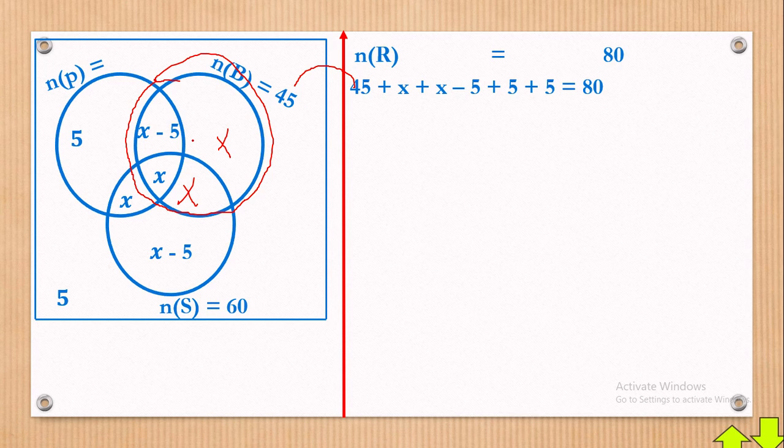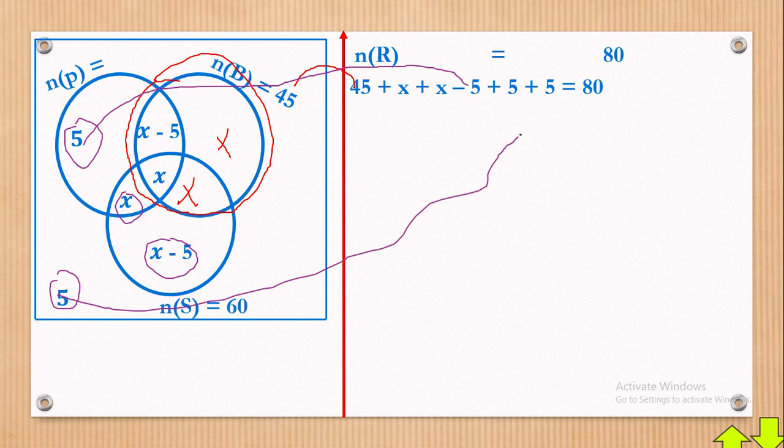Okay, good. That means that after that circle, we are going to add this plus this plus this plus that. I realize that this 5 is the one we have there. Oh, sorry.